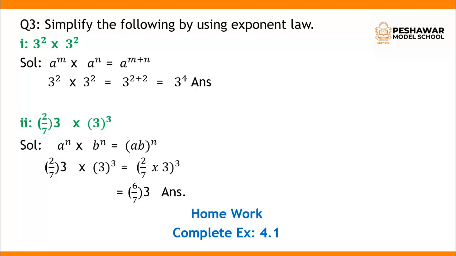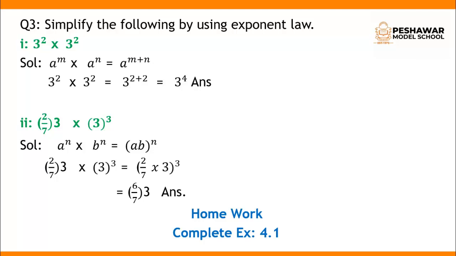So we apply the first law, a power m multiplied by a power n is equal to a power m plus n. Put the values: 3 power 2 multiplied by 3 power 2 is equal to 3 power 2 plus 2, that is 4. So our answer is 3 exponent 4.